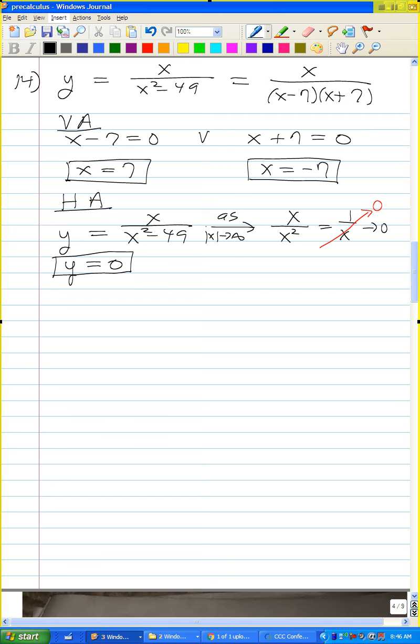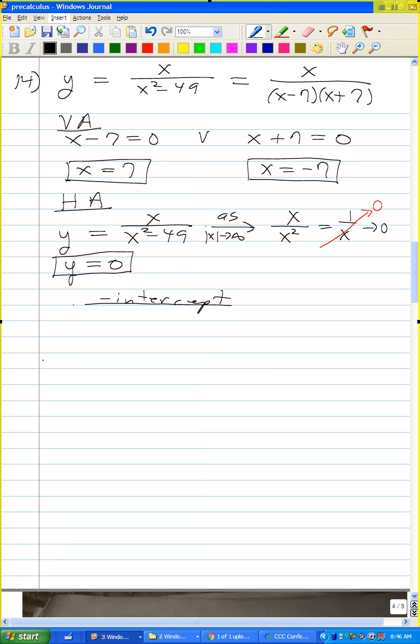And maybe I'll find one other. Let's get an x-intercept, which actually also will be a y-intercept. Let's say the y-intercept.